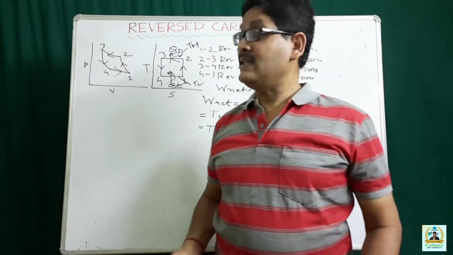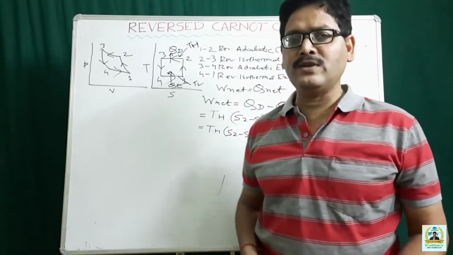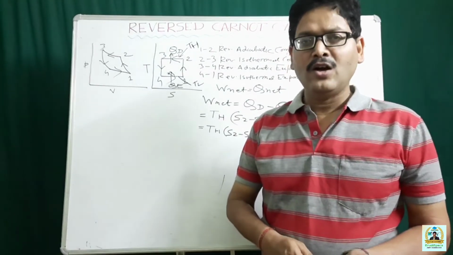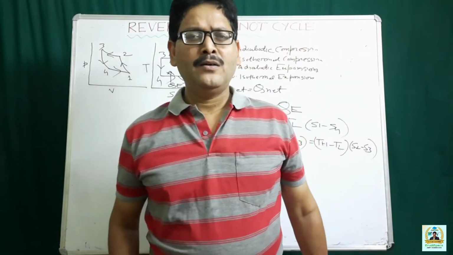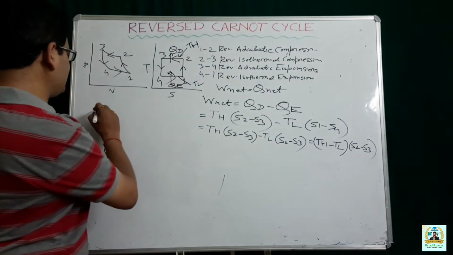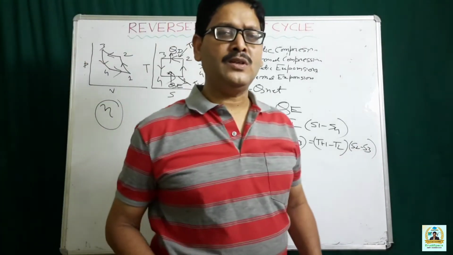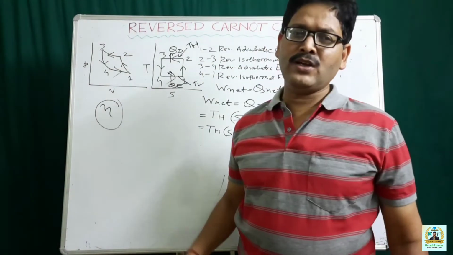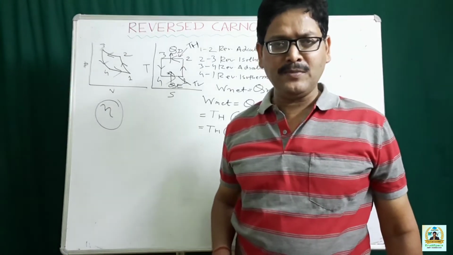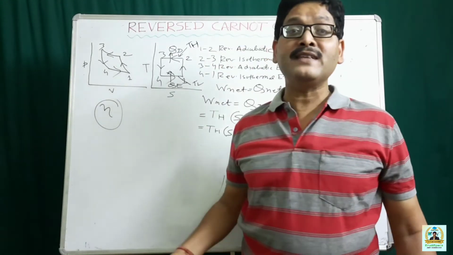The next thing that we have to find out is the performance parameter of the reversed Carnot cycle. Unlike the heat engine, where the performance parameter is eta, here we have to use a different notation for the performance parameter, because it will not be a single one.